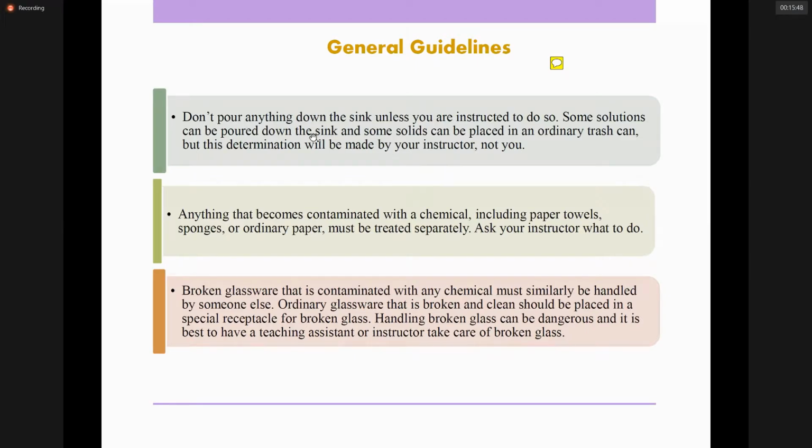Who will read the general guideline? Yes? No one to read?